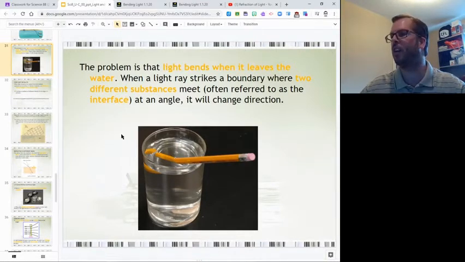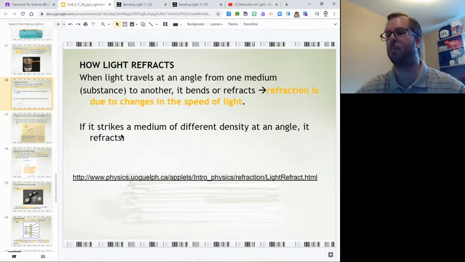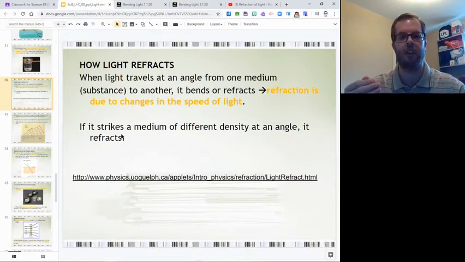Okay, and so how does this occur? Really, what it comes down to is you need to understand that there's a speed to light. The speed of light in a vacuum, so basically in space, is 300,000 kilometers per second. And when it hits or transmits through different media, there are particles there, and basically, the more particles that are there, light slows down.